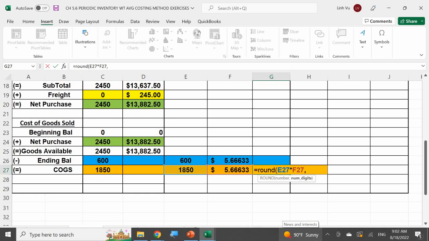And now it's going to be, how many decimal places do you want to be rounded off by? Now in this case, we need to round to the nearest penny. The nearest penny is going to be 2 decimal places. So that's exactly what I'm going to do. I want it to round to 2 decimal places. Okay? And usually your formula can work by entering right now.